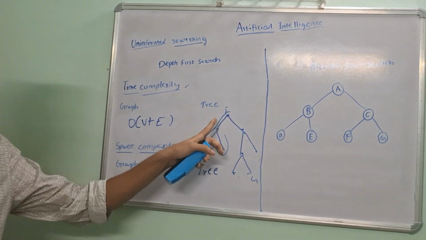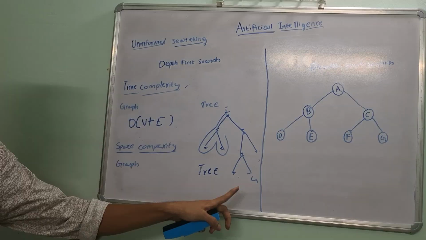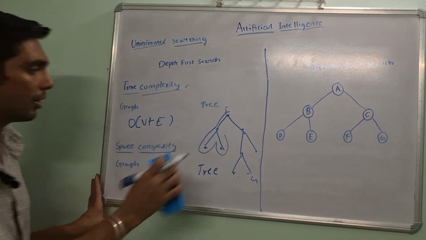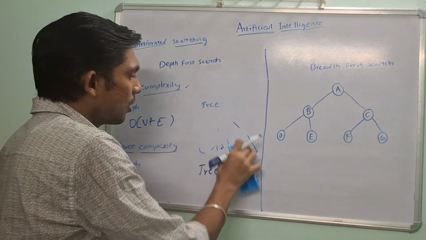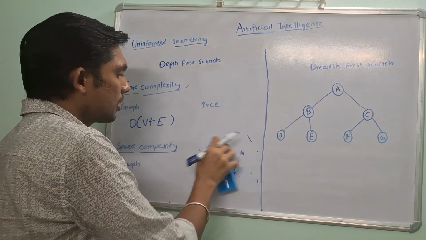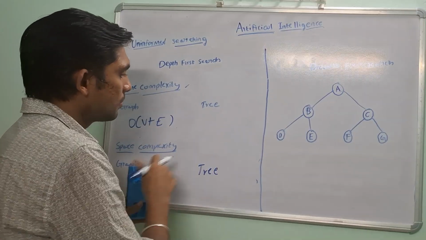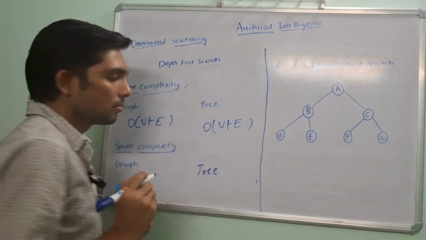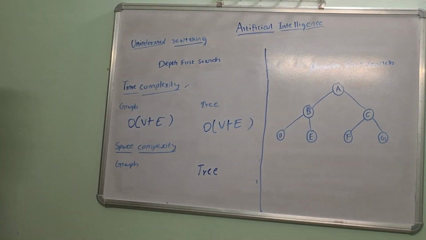In this way, we have to explore all possible vertices that are present in the tree until we reach the goal node. So that's why in case of a tree also, the time complexity is order of vertices plus edges.